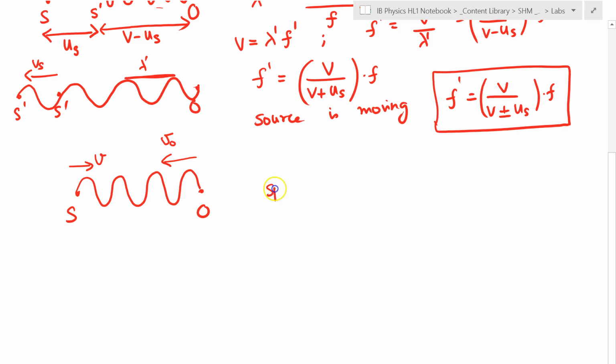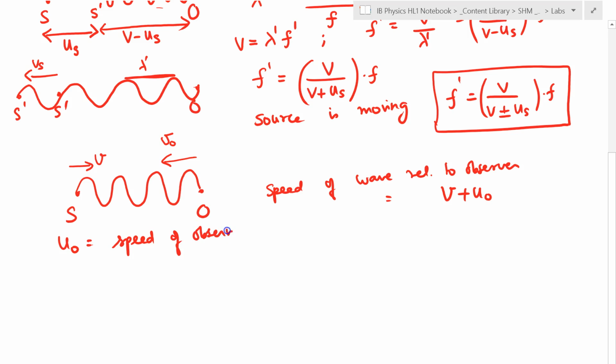So the new speed, the speed of the wave relative to the observer, becomes, in this case, V plus U0. Remember that U0 is the speed of the observer. And therefore, if this is the speed and the wavelength doesn't change, we can find the new frequency as F prime is V prime divided by lambda, which is (V plus U0) divided by lambda.